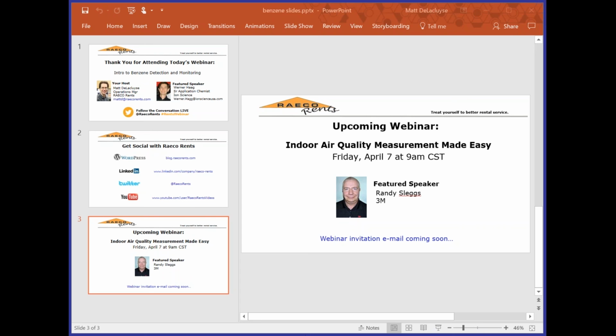I showed earlier in the talk the Cub that's designed specifically for that purpose, where you just clip it onto your hard hat or shirt pocket and let them walk around with it. That little Cub portable clip-on PID is ideal for that purpose. It has a 10.6 eV lamp, and thus not very much interference from other hydrocarbons, so it's screening for aromatic components.